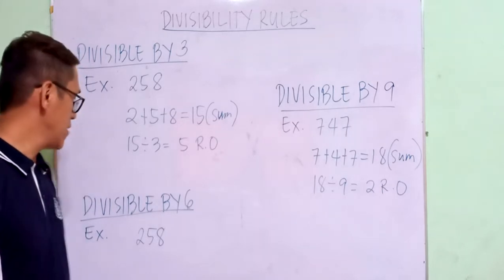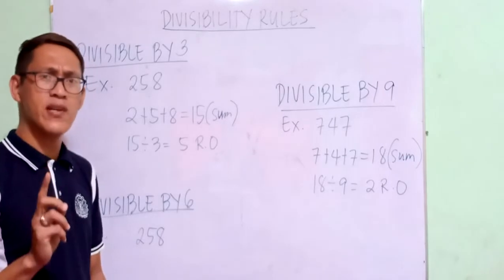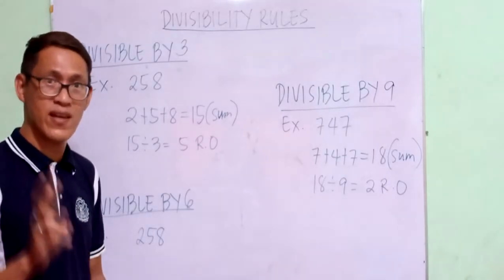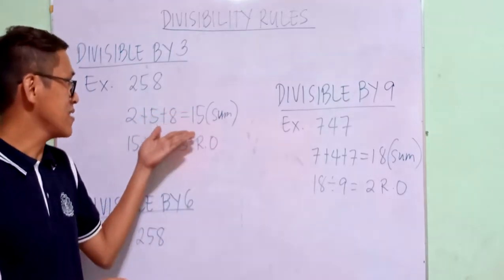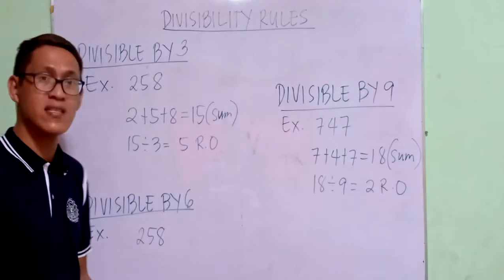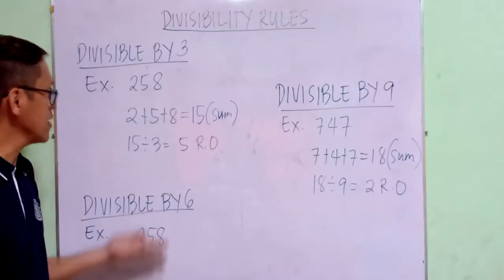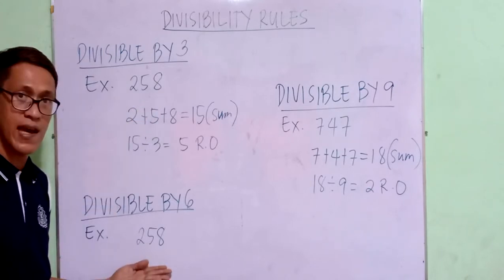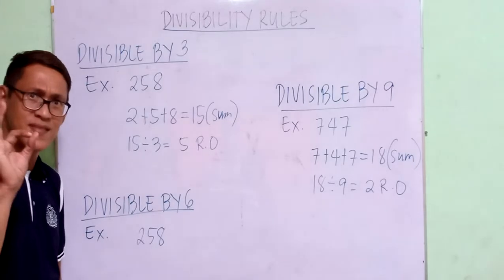Now let's go to divisible by 6. The rule says, if a number is divisible by 2, that is, an even number, and divisible by 3, that is, the sum of the digits is divisible by 3, then the number is divisible by 6. So let's have the given example. Let's use 258 again. Is this an even number? Yes.